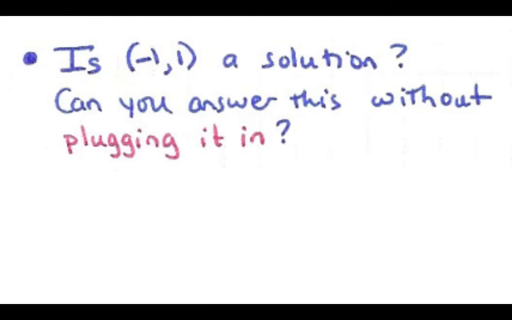What about negative 1 comma 1? And I just wonder, could you answer my question without having to plug it in? Is there a way to know for sure that negative 1, 1 is or is not a solution without having to do any calculation? Think about it for just a moment.